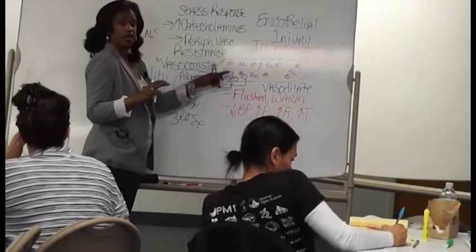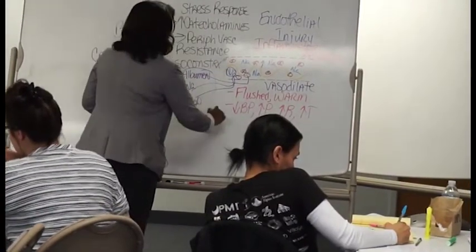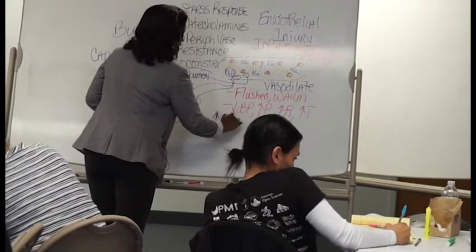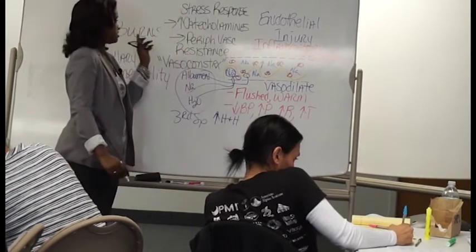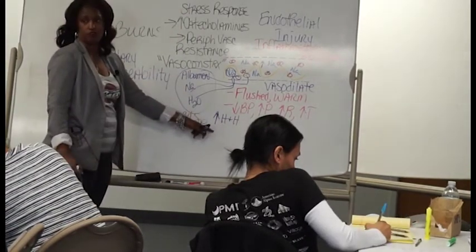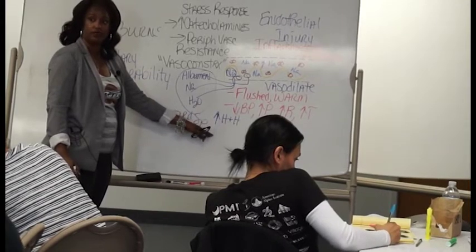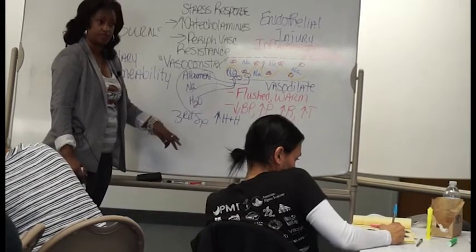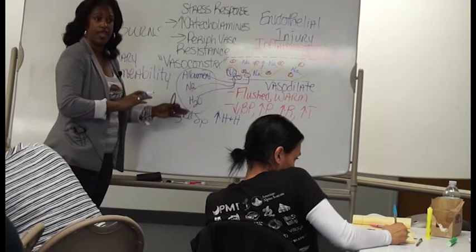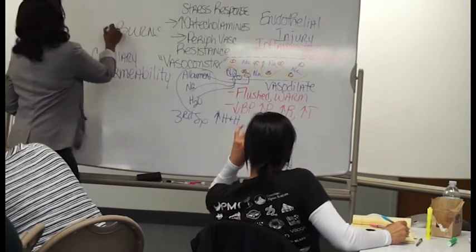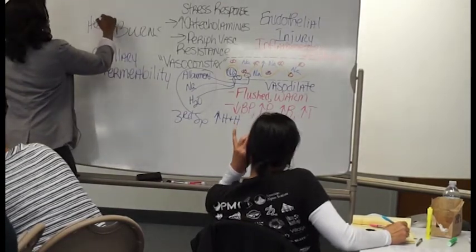Would you agree the blood is thick? That's why your H and H is high. With both of these patients, the H and H is high until you start bleeding. And then if you start bleeding with DIC, it's just the opposite. But with a burn patient, put hemoconcentration.